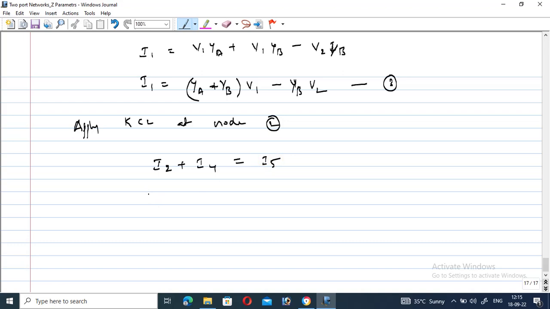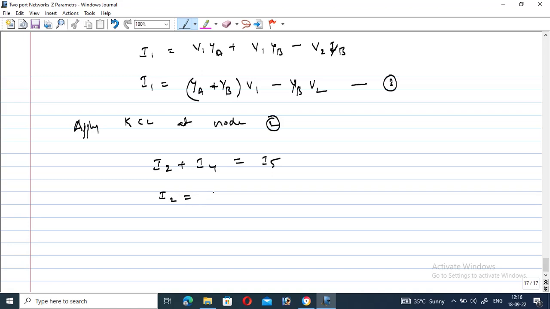I2 is equal to the difference of those two. Y parameters can be represented in the form of I1, I2, therefore I am interested in calculating I2.